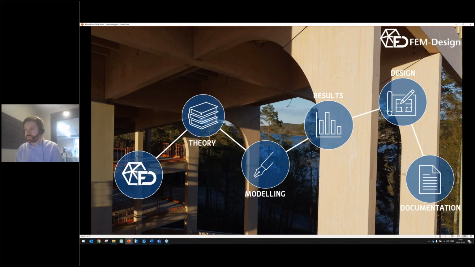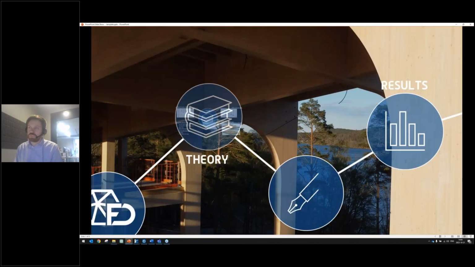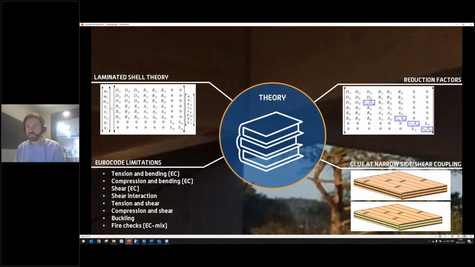So let's go into the theory background. First of all, we have implemented a specific shell element based on the laminated shell theory. And this shell element is different compared to the normal orthotropic shell elements. In the top left corner here, you can see the stiffness matrix for this laminated shell element type.